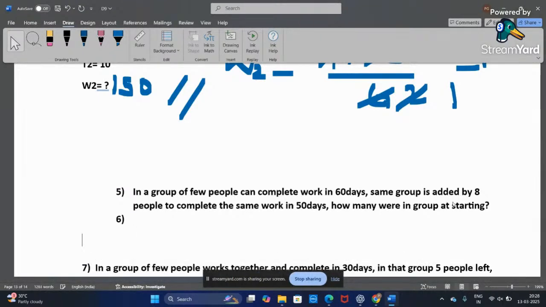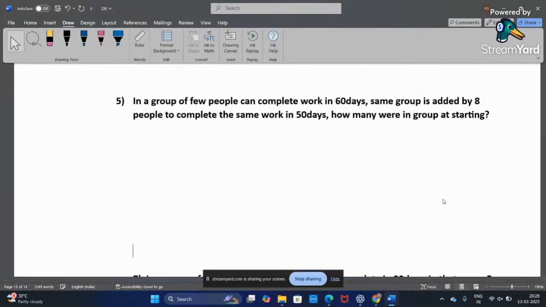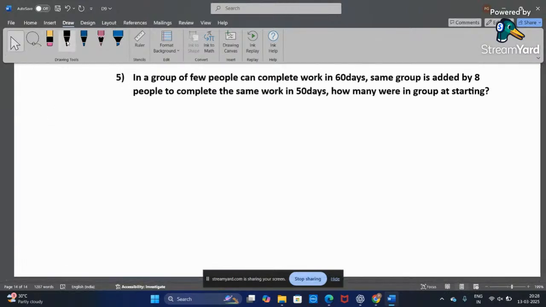Once again. First, let me read the question. Later, we'll solve it. Okay. A group of a few people can complete a work in 60 days. That means here N1 is not given. Let us take N1 as X, right?